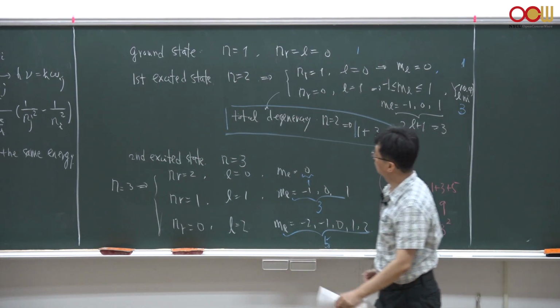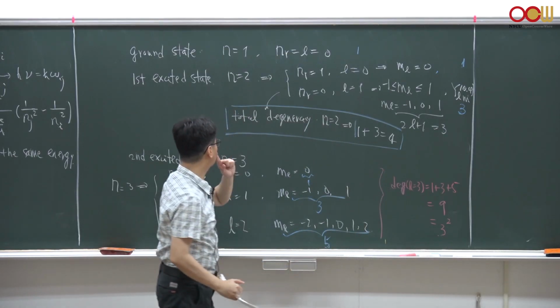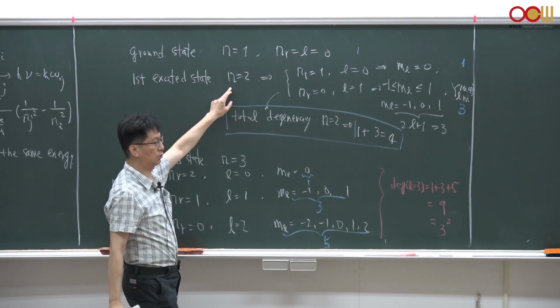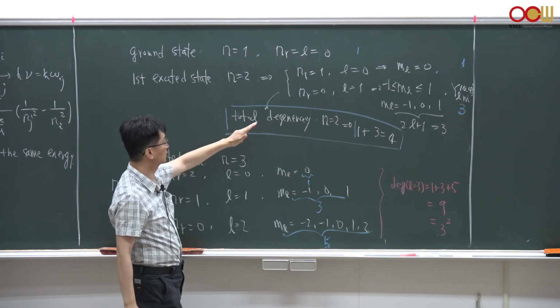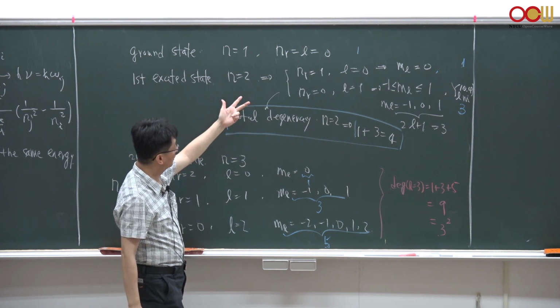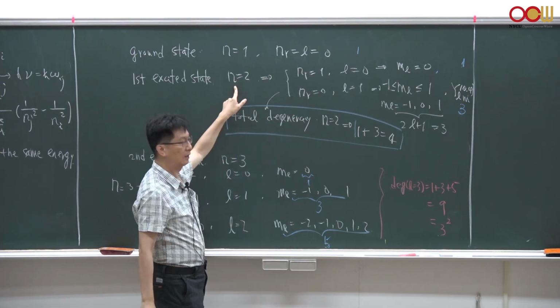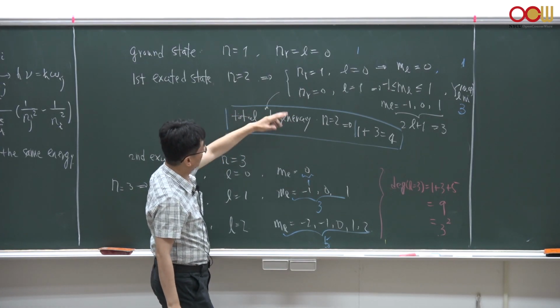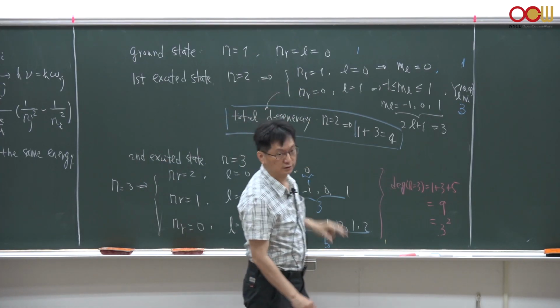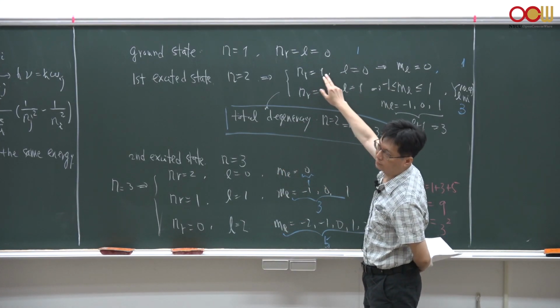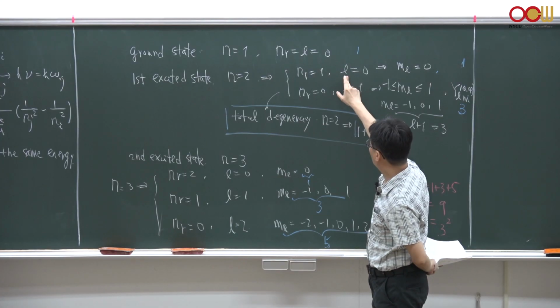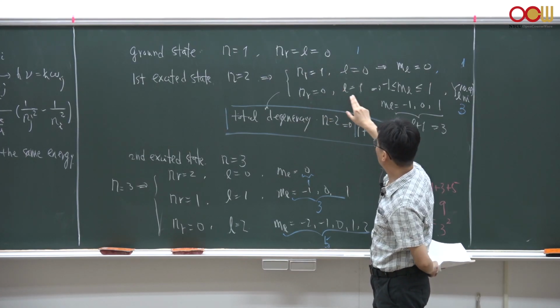But when we go to the first excited state, which is n goes to 2, we have 4 degenerate states. What are the 4 degenerate states? Little n is 2. We have two situations, as I mentioned. First one is nr is 1, but L is 0. And the second is nr is 0, but L is 1.